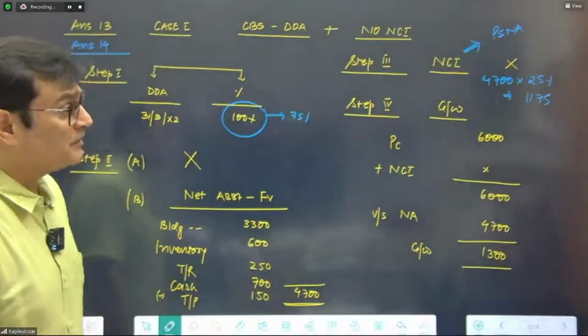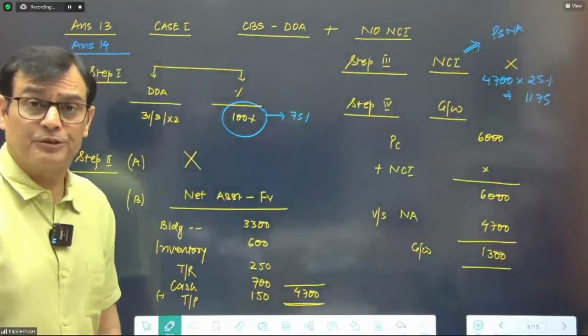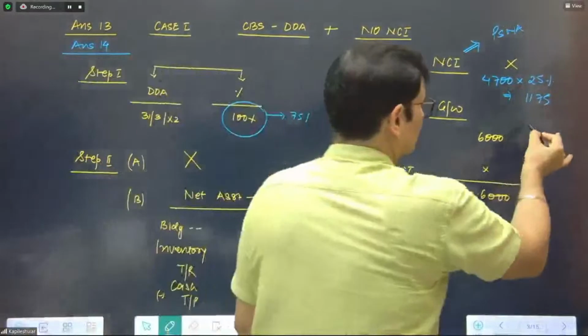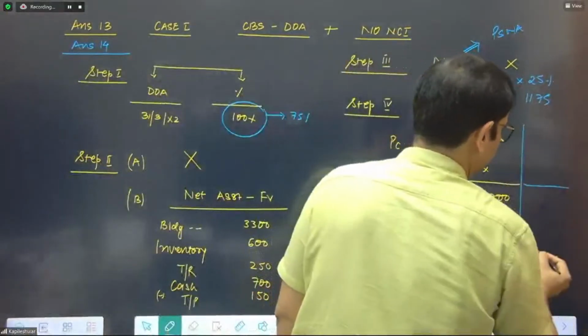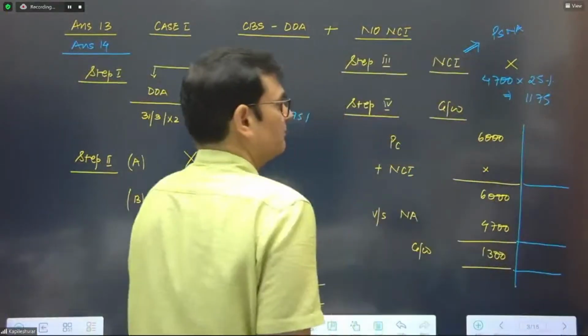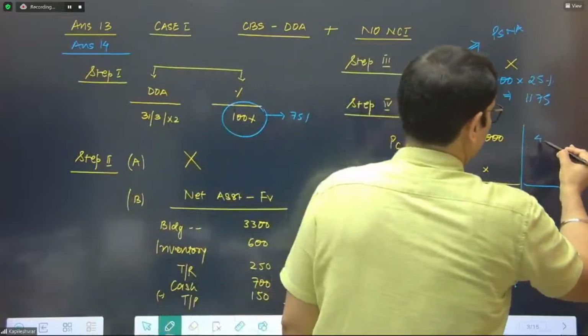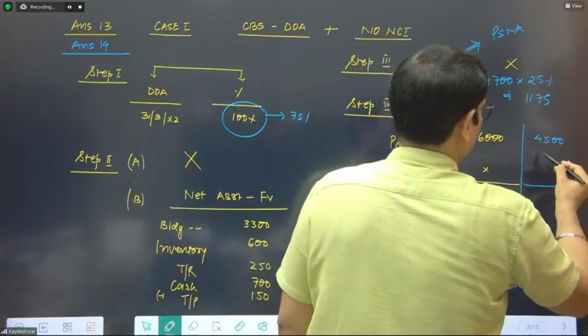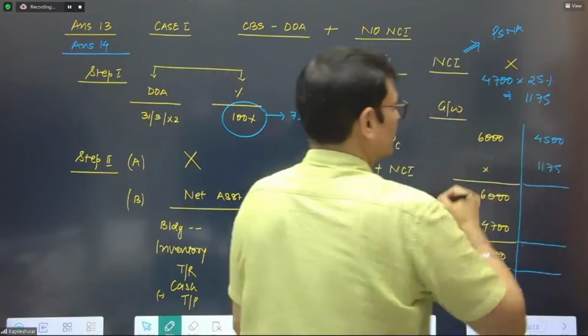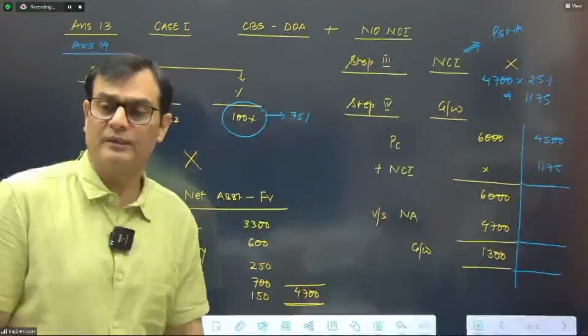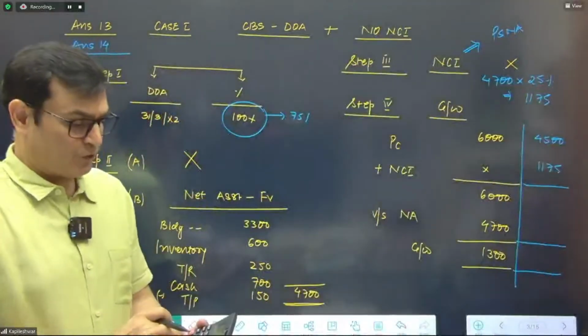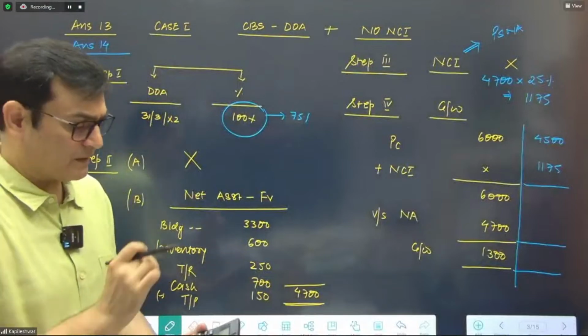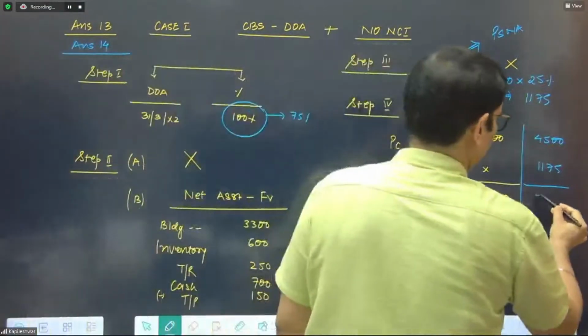Goodwill, of course, we'll have to change because the purchase consideration has undergone a change. So let's do the goodwill calculation all over again. The purchase consideration is 4,500. The NCI is 1,175 as we've computed at step 3. So 4,500 plus 1,175 is 5,675.